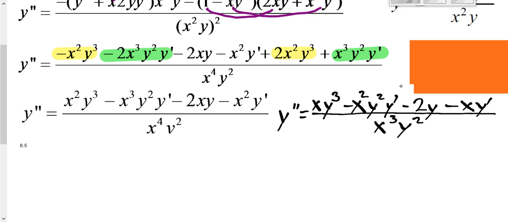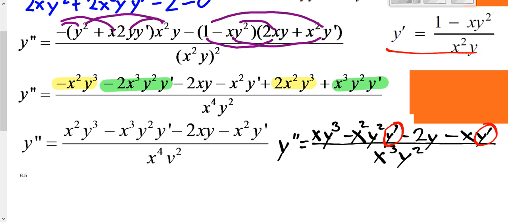So now each one of these y primes, I need to go ahead and replace with what it is up here. So I need to plug that in for each one of these. So I'm going to go ahead and write down the black.